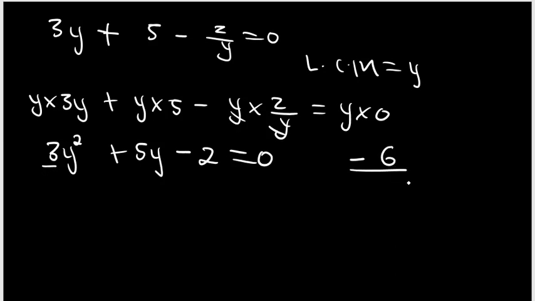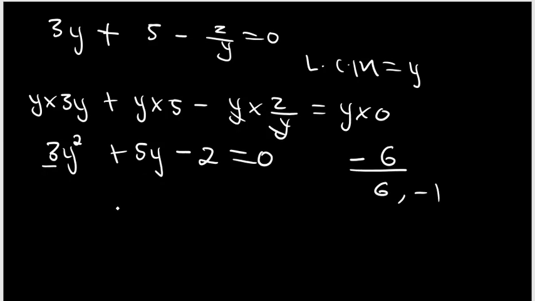We find pairs of factors of negative 6 which when multiplied give negative 6, but when added give the coefficient of the middle term, that is positive 5. The perfect pair of factors will be 6 and negative 1, because when you multiply 6 and negative 1, that gives negative 6, but when you add them, it gives positive 5.